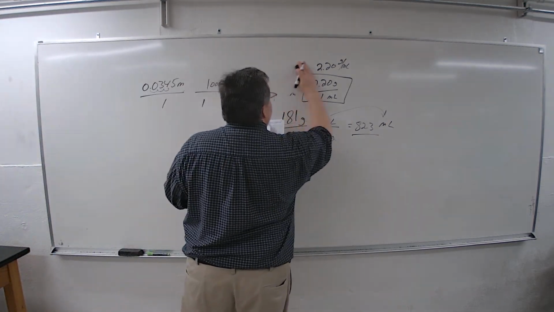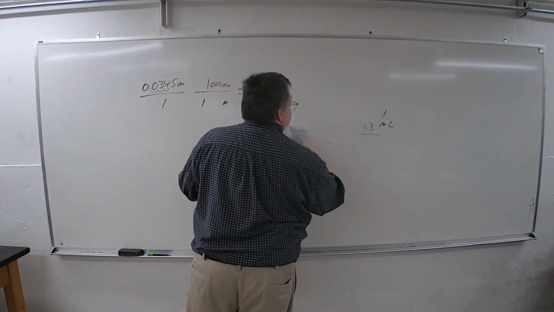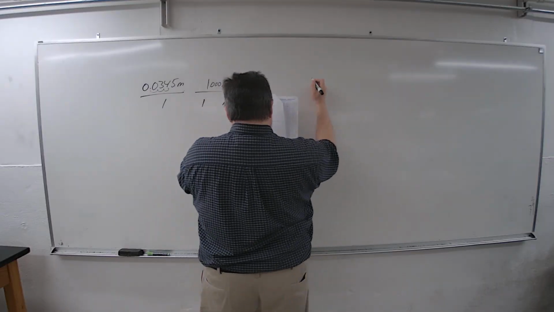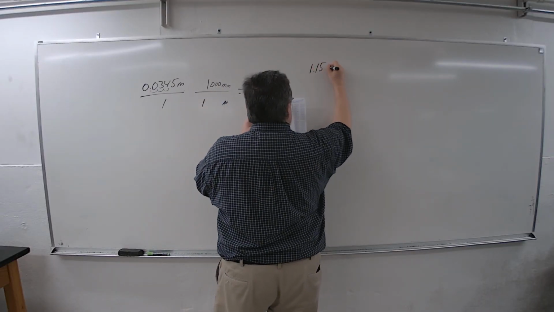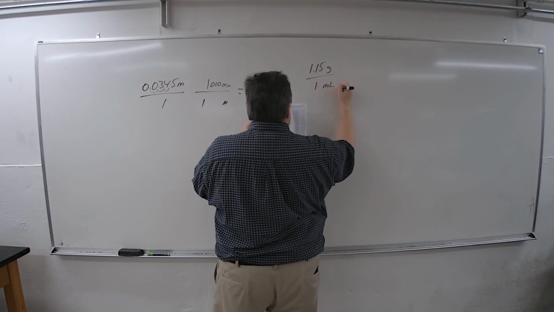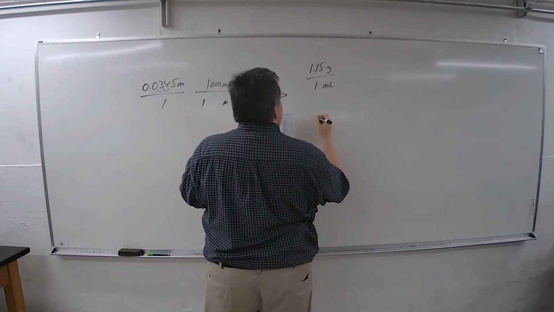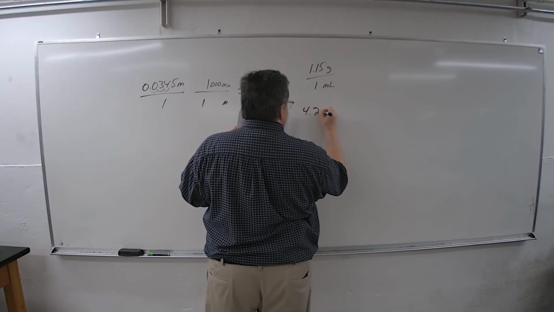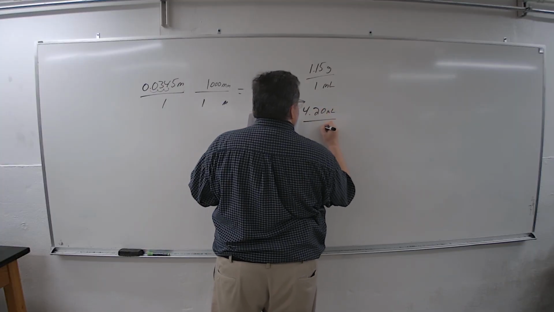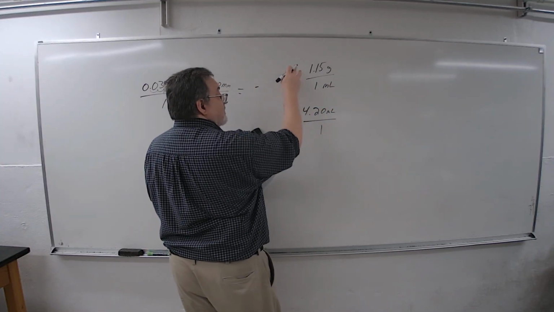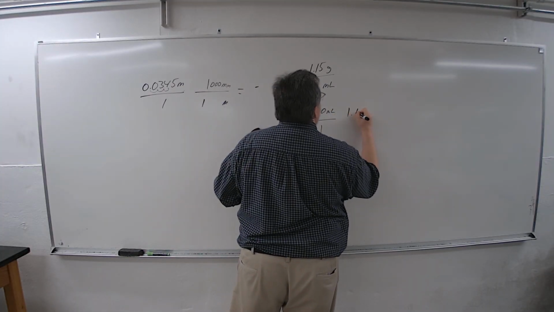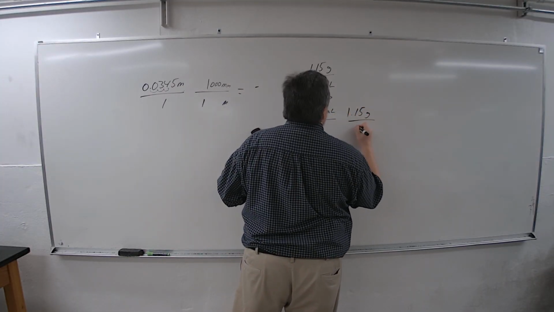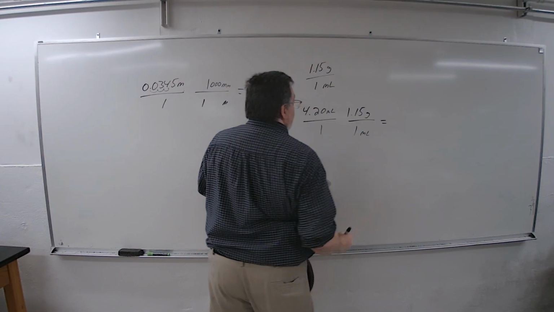Another density problem. Liquid has a density of that. You have 4.20 milliliters. I just put that over 1. You can use this as is, because milliliters need to be on the bottom.